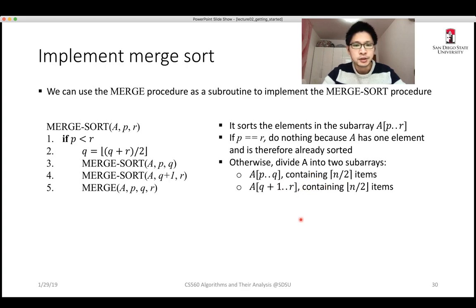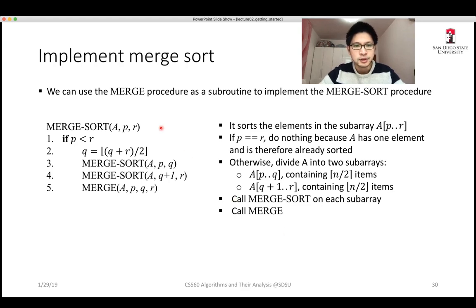Then we recursively call merge sort on each subarray. After the recursive calls, we merge the results by calling the merge procedure, which we just defined.